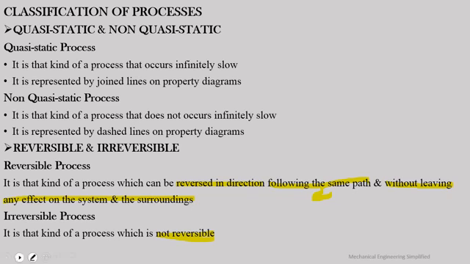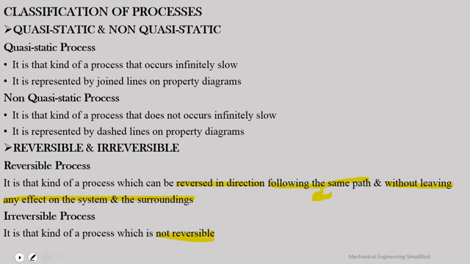Then we have some important points about quasi-static processes. Not all quasi-static processes are reversible, but a reversible process is always quasi-static. A quasi-static process is one that occurs infinitely slowly.